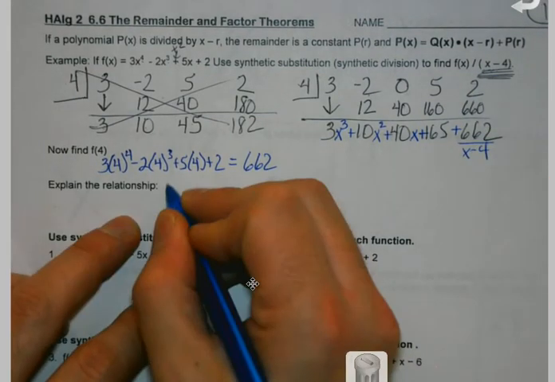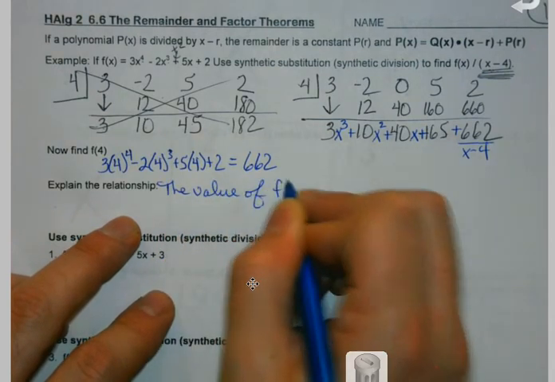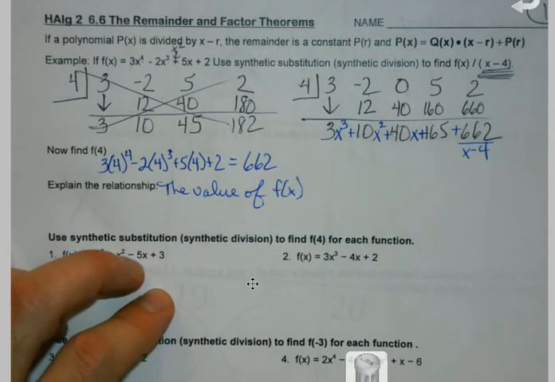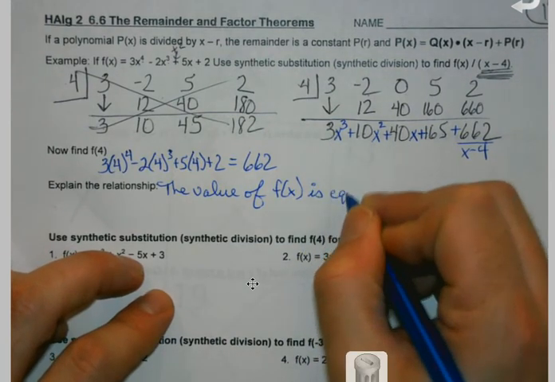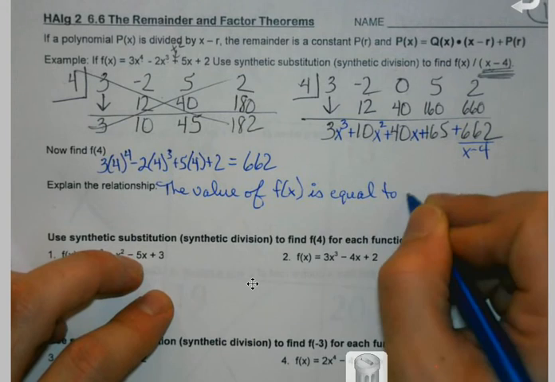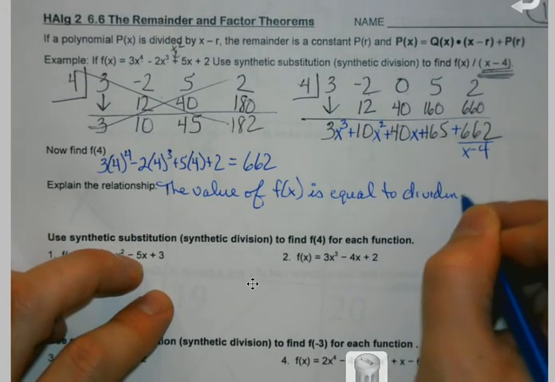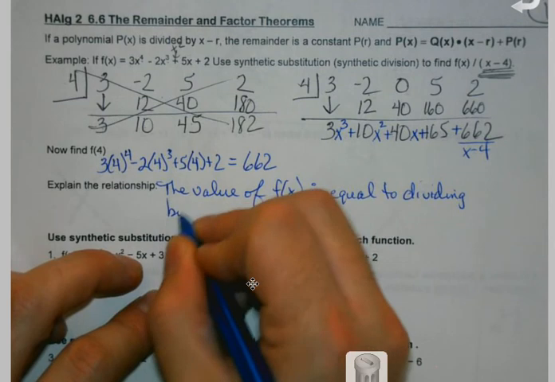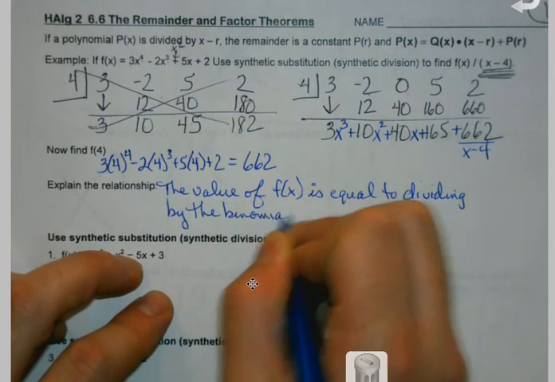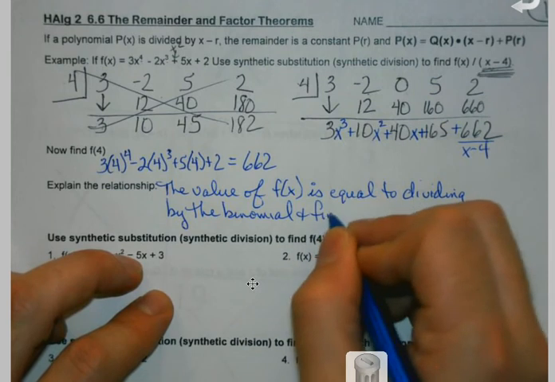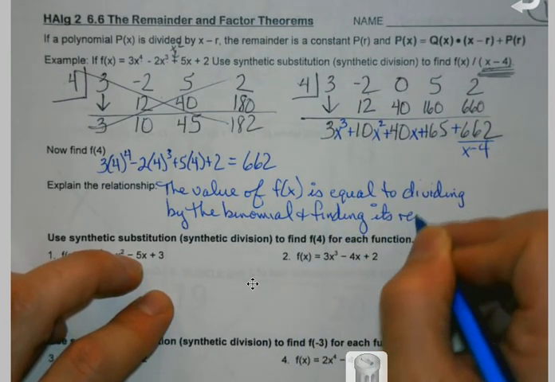So again, the value of f of x, or f of whatever number you have, is equal to dividing by the binomial and finding its remainder.